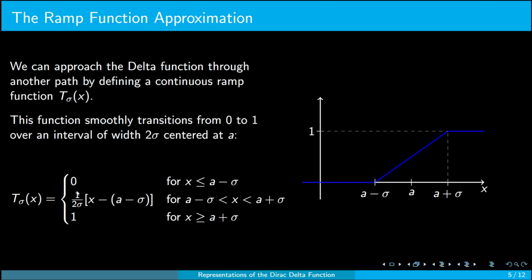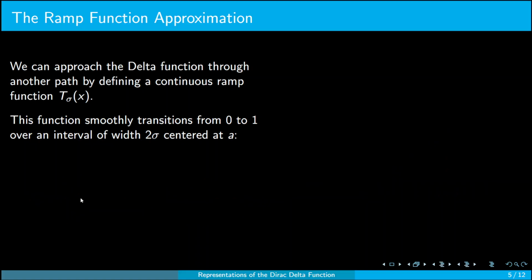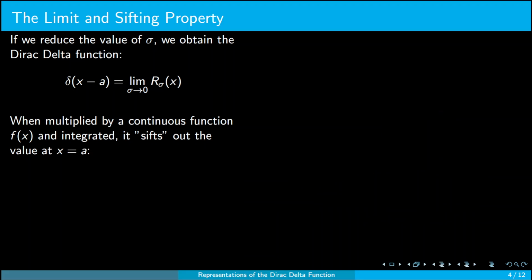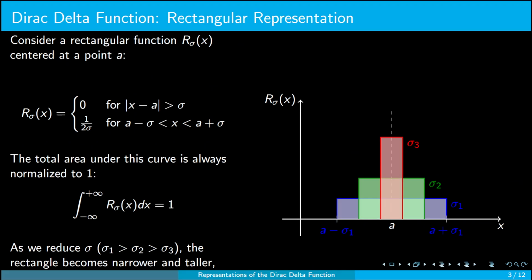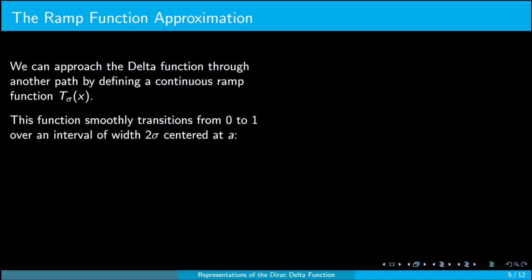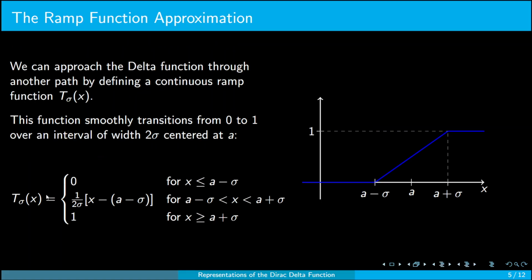What will we get? 1 upon 2 sigma. If you remember, we had faced 1 upon 2 sigma here, so I will mention it ahead. So we will just say the limit sigma tends to 0 of the derivative of this t sigma x with respect to x is a delta function.